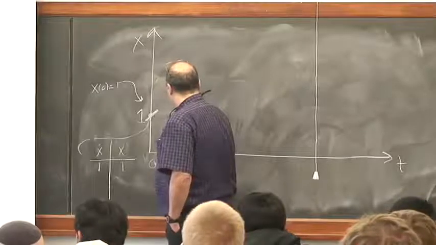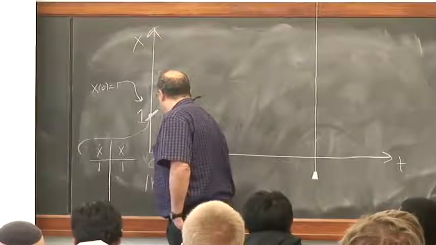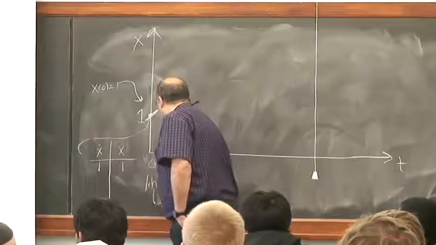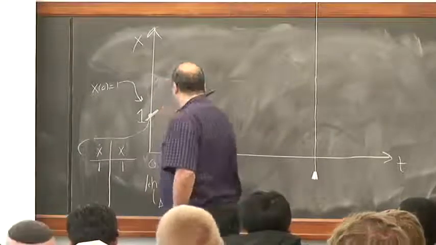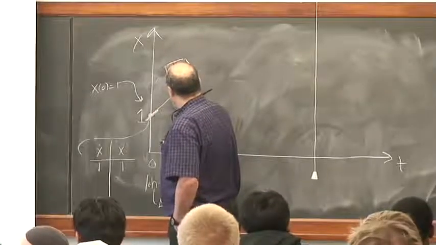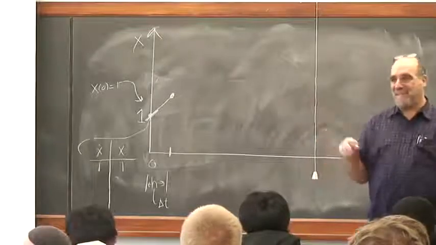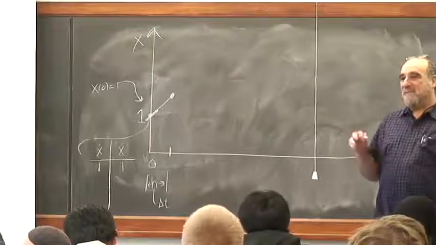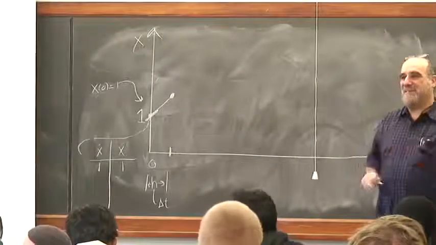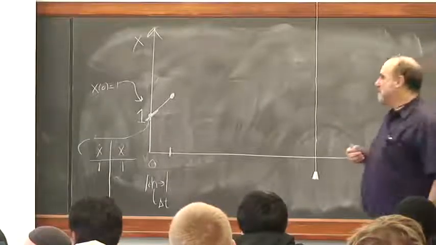And usually this little bit of time, people call this h, or they call it delta t, the little bit of time that you're going to advance. And we say, well, approximately the function goes up to here. Now that's not exactly right, but it's close to right if h is small. And the not exactly right is why this is a numerical approximation.